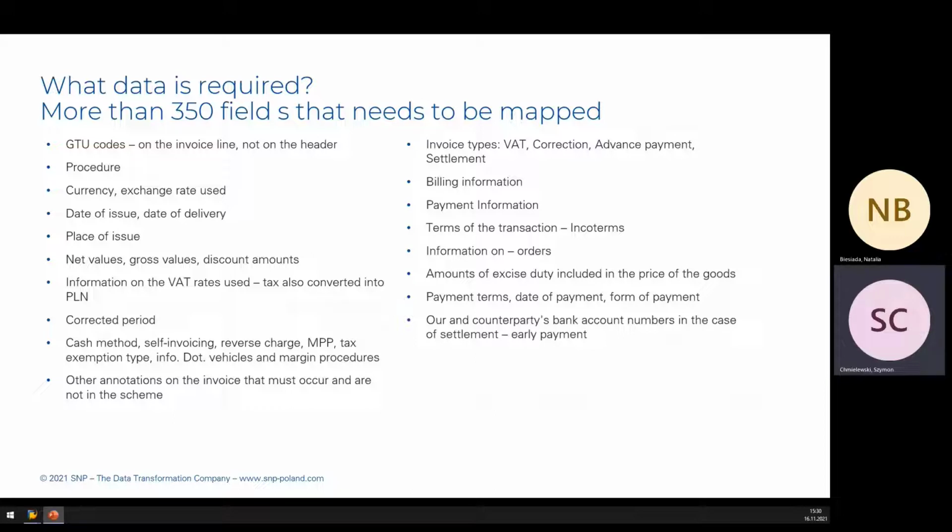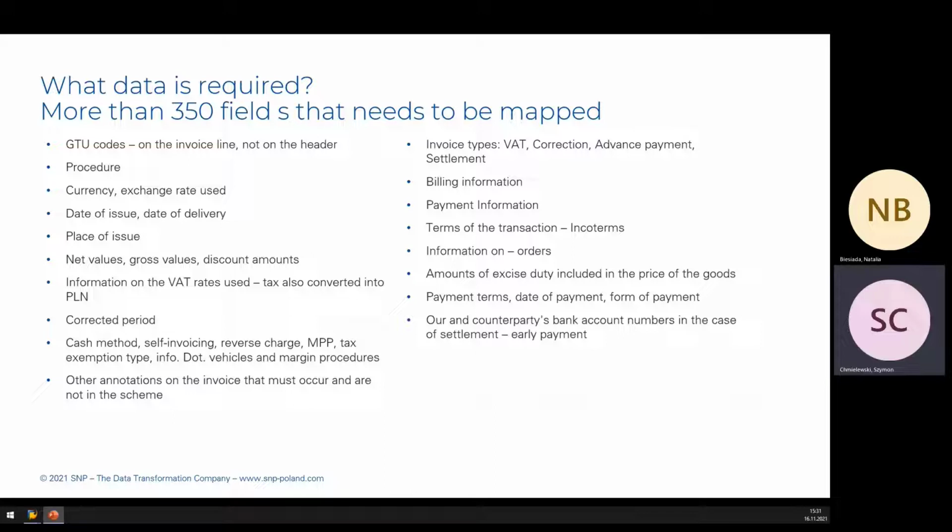But over here we need to go into details on the line item of the invoice. There are sales procedures, for example, if it's a related party transaction or if there is some customs procedure, and so on. The currency and the exchange rate are also required.